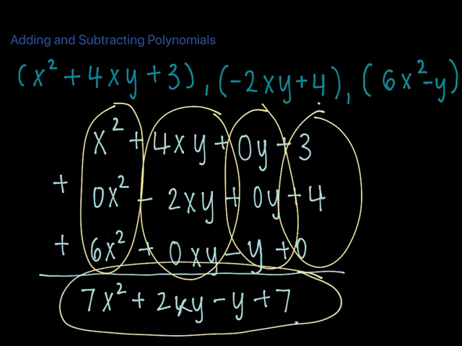So from adding these three polynomials, we get the answer 7x squared plus 2xy minus y plus 7.